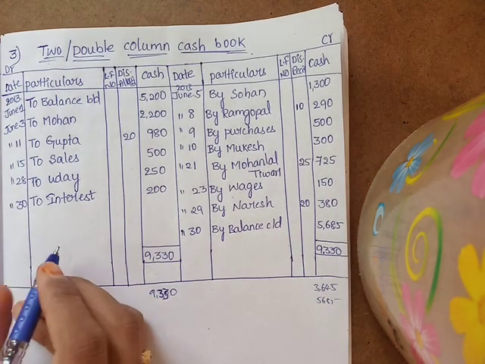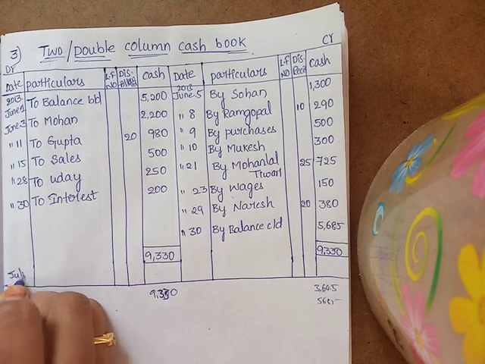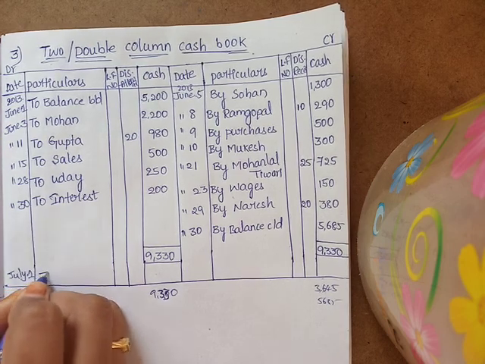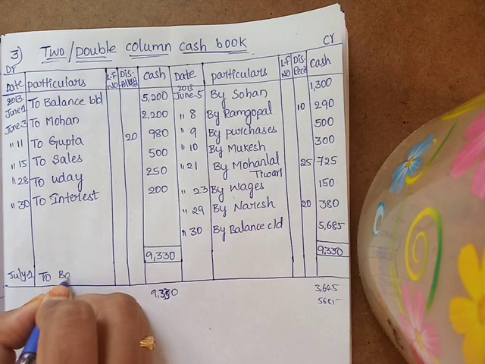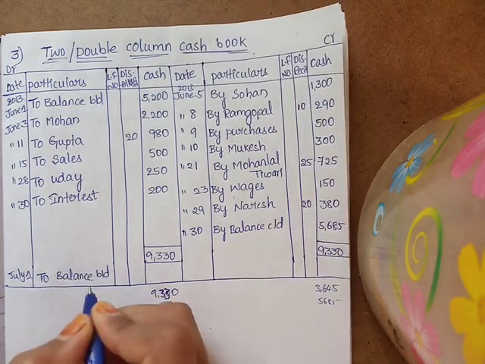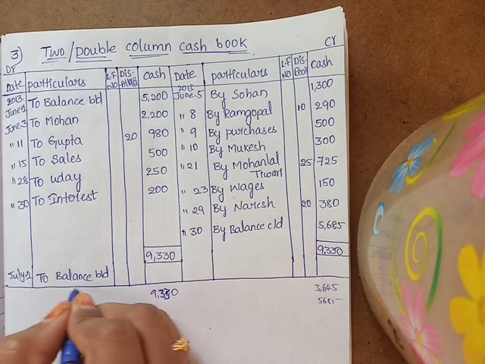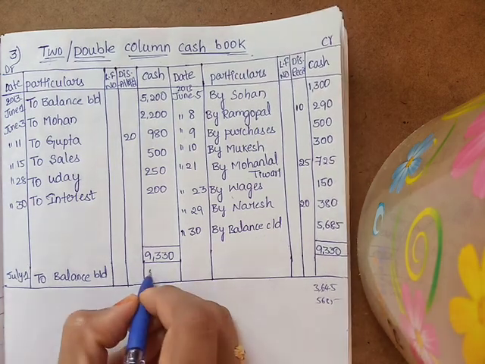Next month is which date? July 1st. So July 1st, to balance brought down is how much?